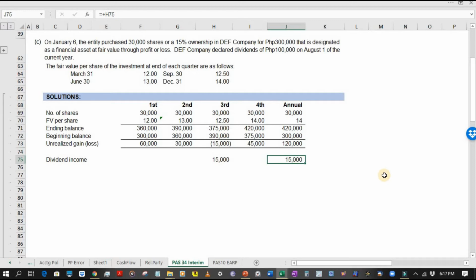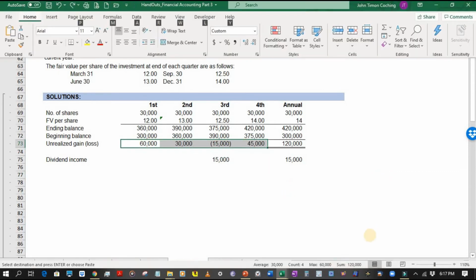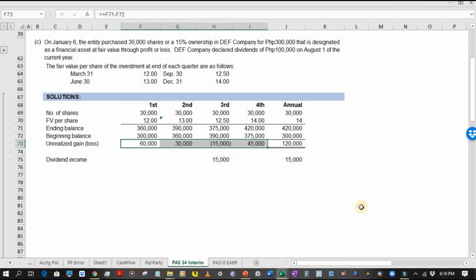Then the unrealized gain that will appear in the income statement for annual reporting purposes is the 120,000 pesos, which is the cumulative amount of all unrealized gain net of losses that we have recognized during each quarter of the year, which is 60 plus 30 less 15 plus 45. So the net amount is 120,000 pesos.